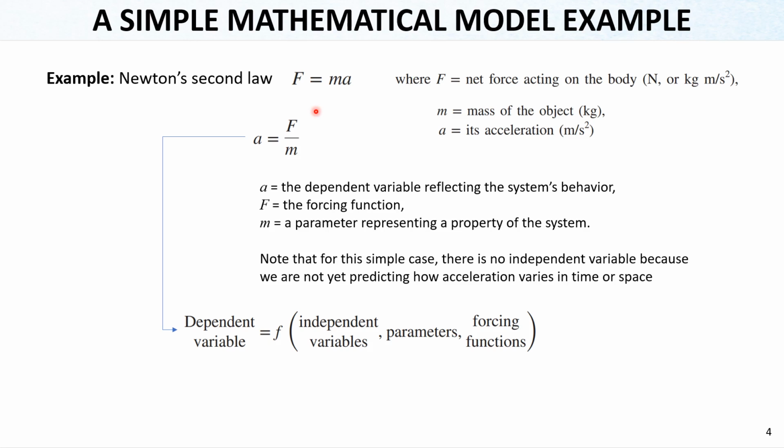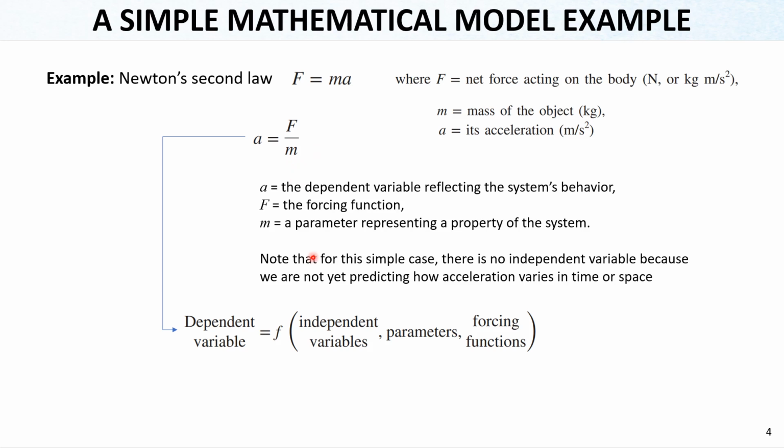Actually, when we apply a force, which is the forcing function, and m is the constant, that's why we can define it as a parameter. By dividing the force by the mass, we can simply have the acceleration, and that's why the acceleration actually is dependent on the force applied on the system and the mass of the system.